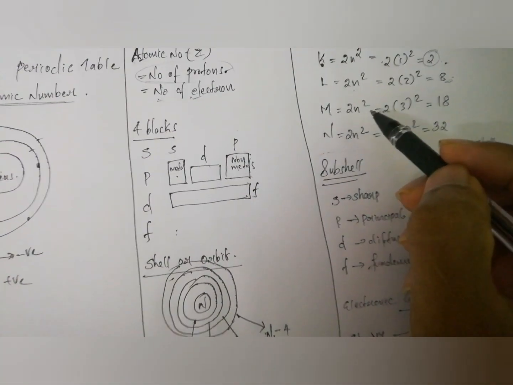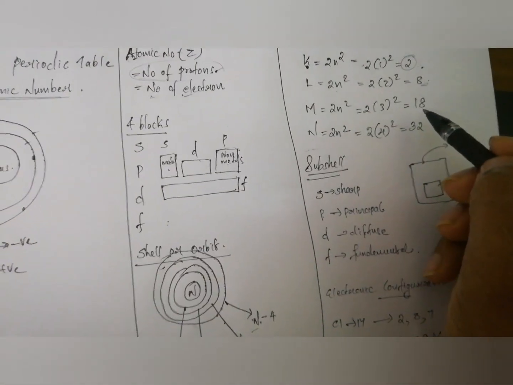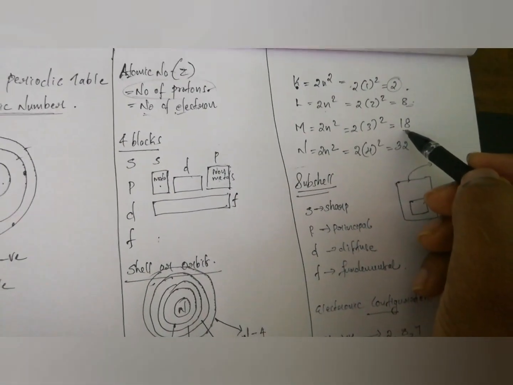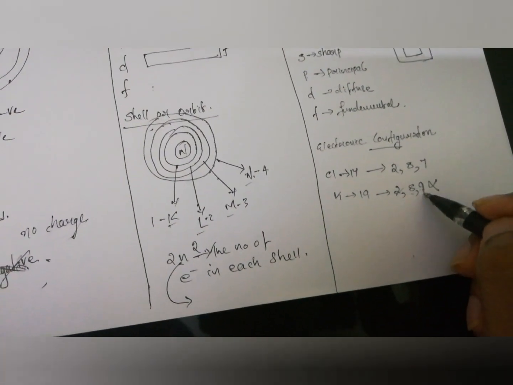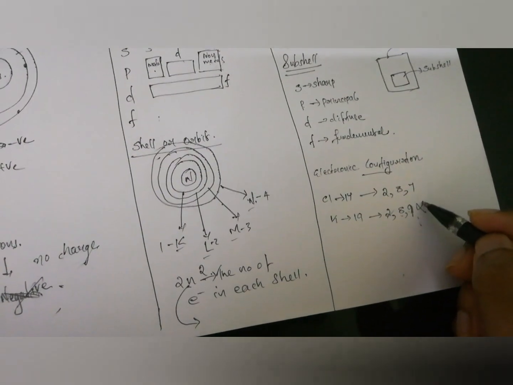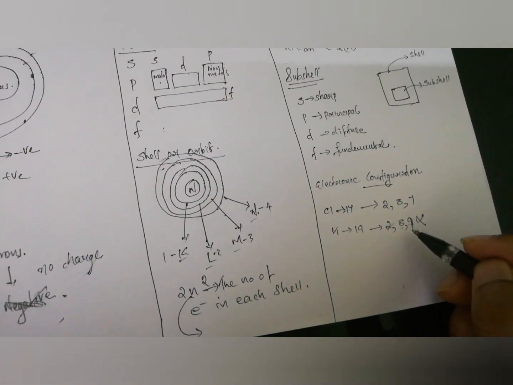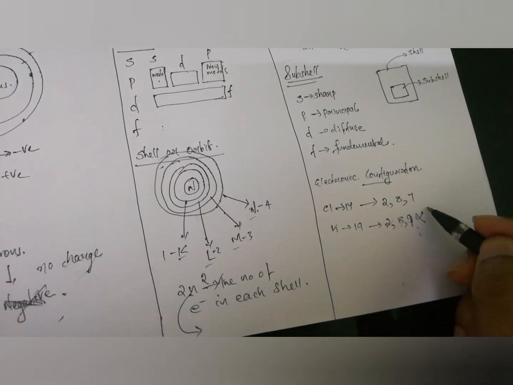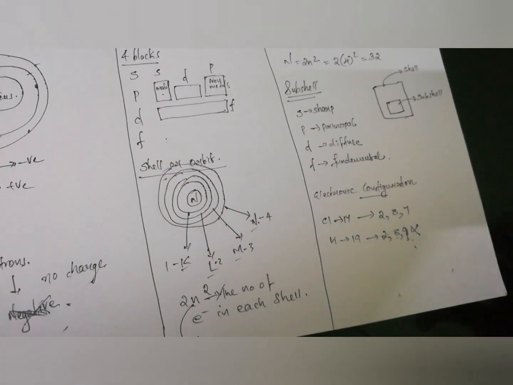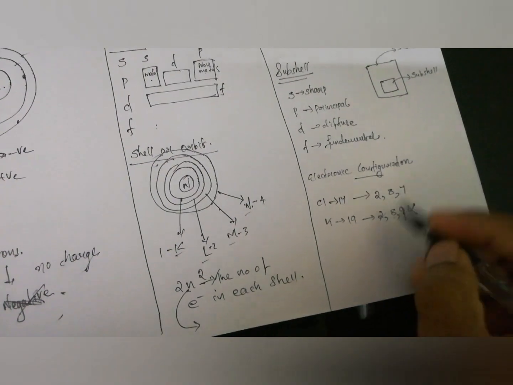The M shell can occupy a maximum of 18 electrons, but here there are only 9 electrons. Then what is the problem? Is this wrong?